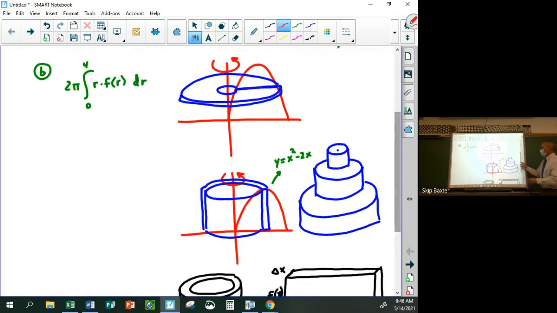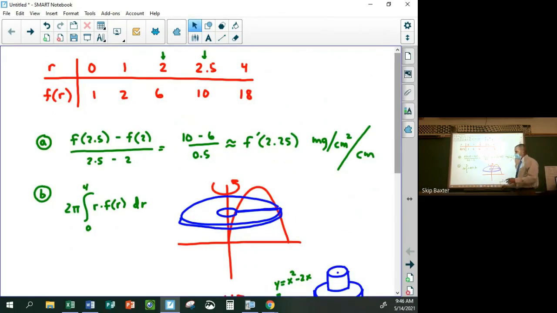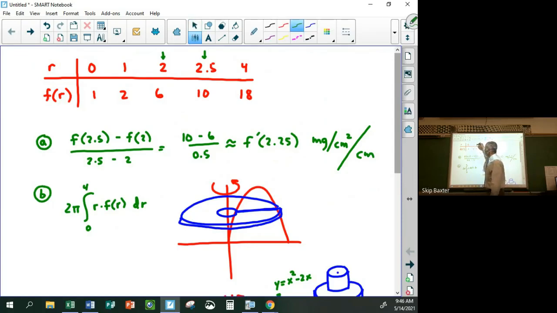it's just like what I described. So if I have this table, if I'm using the right endpoint as the height of each of these cylindrical shells, I also need to know the distance between the x values, the r values, right? So this distance is 1, this distance is 1, this distance is 0.5, and this distance is 1.5, right?